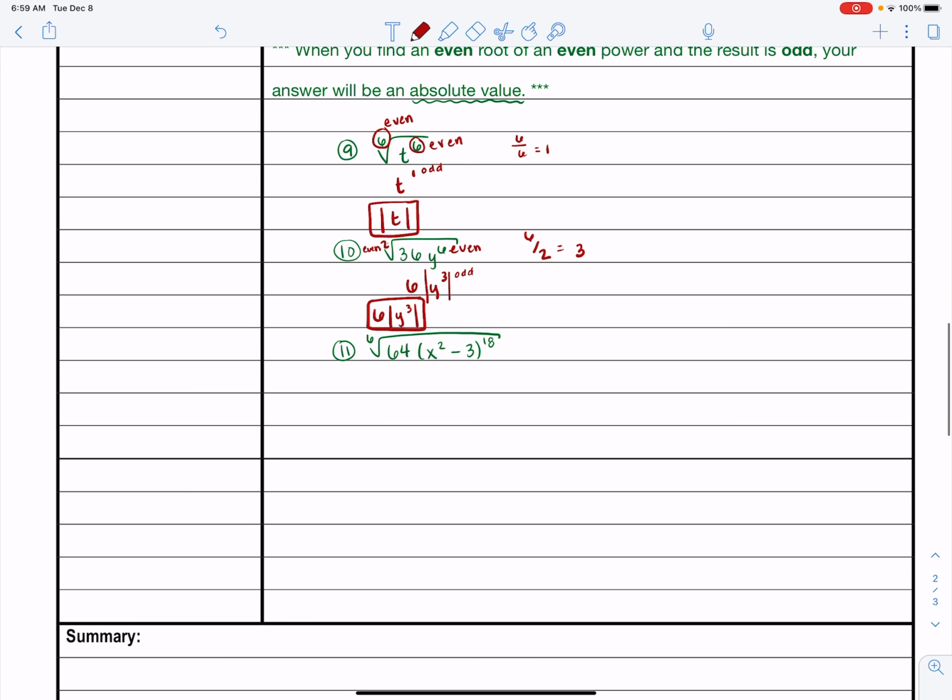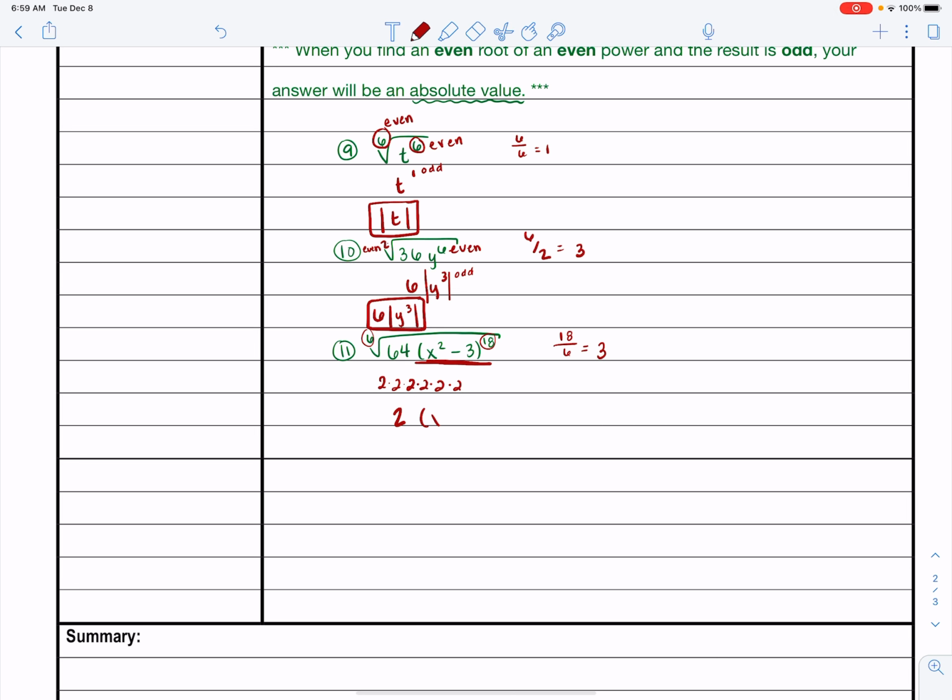All right, last example. I need 6 things that would multiply to 64. Well, 2 times itself 6 times is 64. Because I have a group of 6, a 2 can come out on the outside. Now, I have all of this to the 18th power. So I can take this 6 and the 18th and divide to figure out how many I have left. 18 divided by 6 is 3.